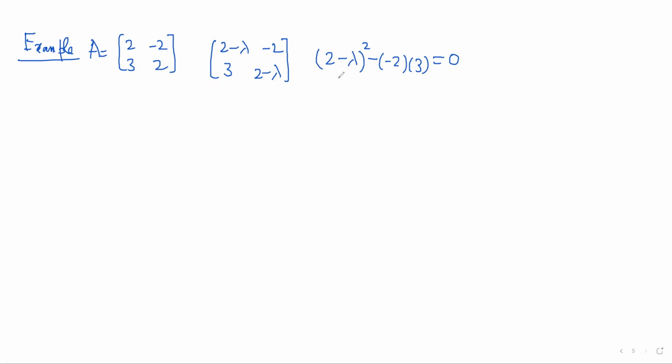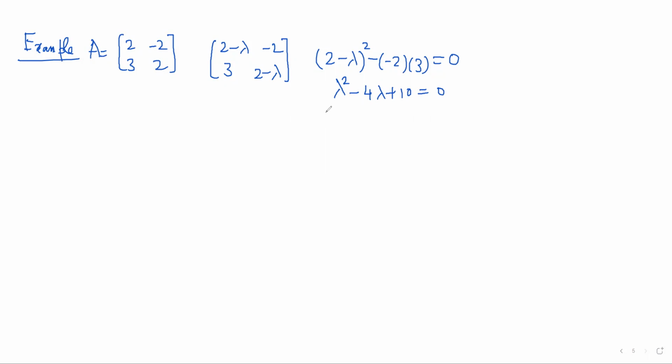This characteristic equation will be simplified into lambda squared minus 4 lambda plus 10 is equal to 0. However, for this characteristic equation, there is no real solution.